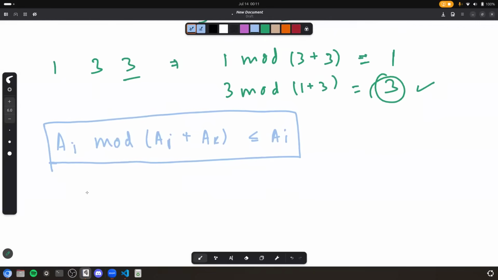If AJ plus AK is greater than AI, then the remainder would be just AI.